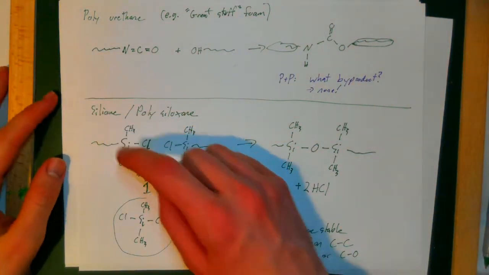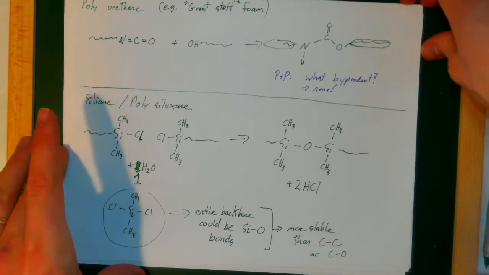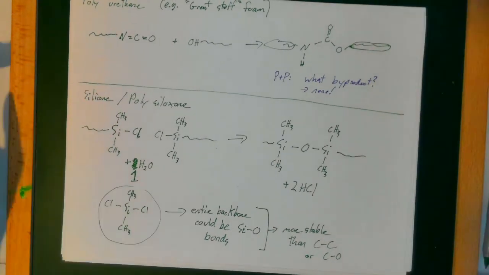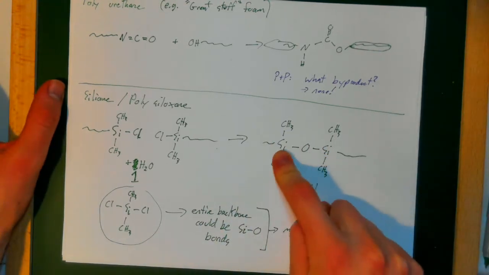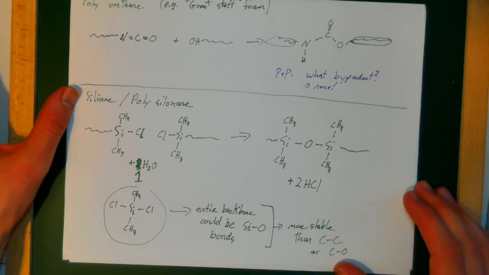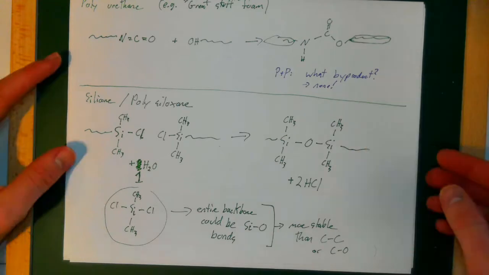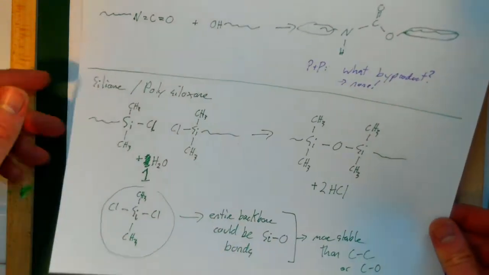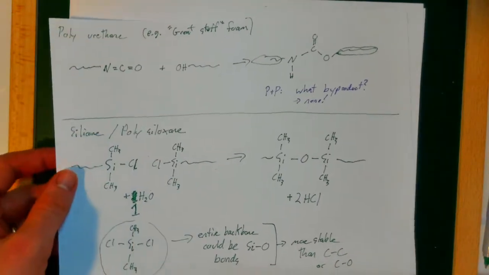Silicone rubbers are used for lots of implants. For example, breast implants are oftentimes made of silicone because these bonds are pretty resilient to the sort of chemical attacks that our bodies would put on them. Anyway, so there's a use for that.